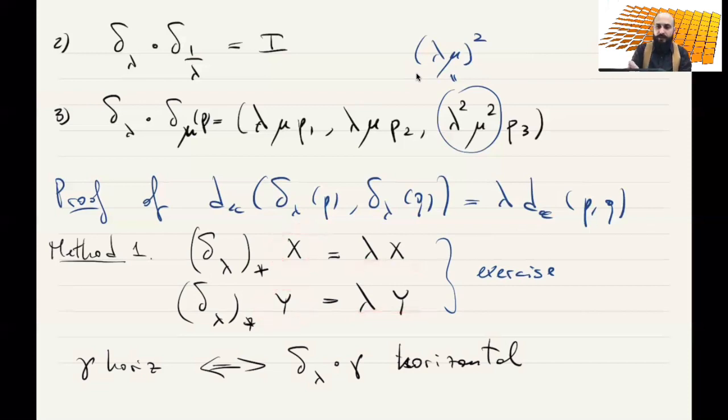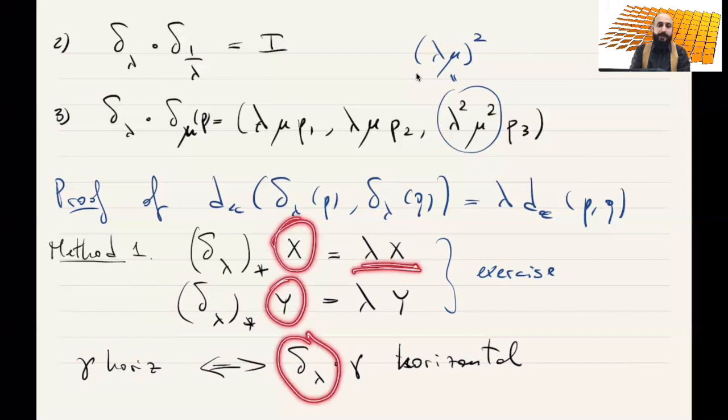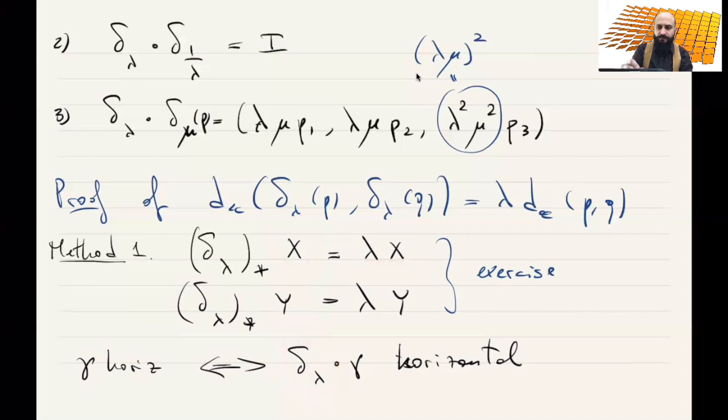And moreover, what is the length? The length of these vector fields is exactly stretched by lambda. So this map stretches length by lambda. Infimizing the distance gives you the condition that we wanted.